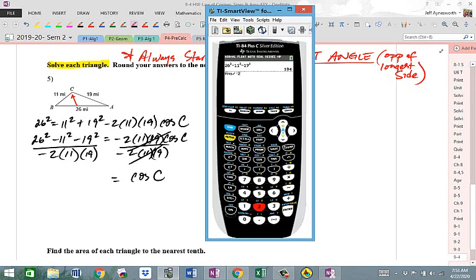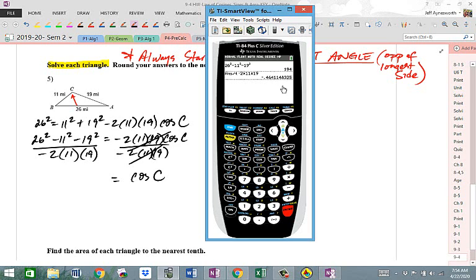Oops, I forgot parentheses here. You have to use parentheses around the denominator, so negative 2 times 11 times 19. One of the biggest mistakes on the TI-84 is that students do not use the correct symbols. The numerator has to be in parentheses, and so does the denominator. Otherwise, you're not going to get this.